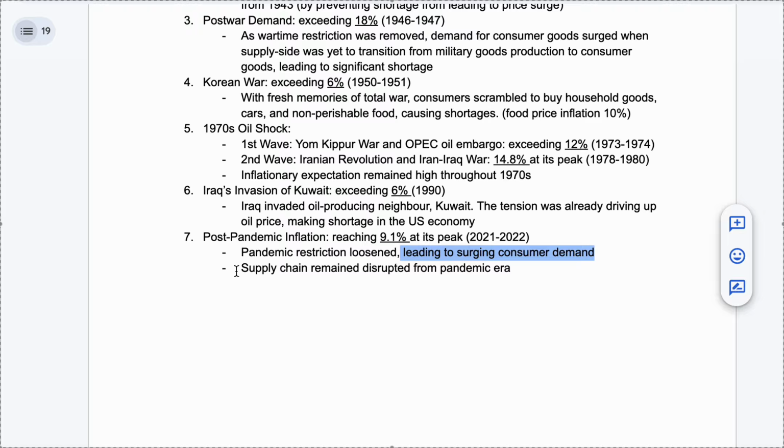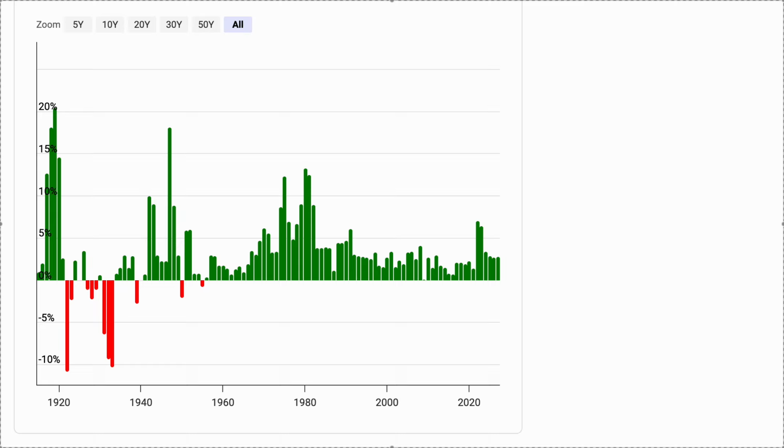When U.S. people ended lockdowns and started buying a lot of things, maybe some factories in the world were still shut down because COVID impact was still large. A lot of people were not vaccinated in some countries. All these things caused the global supply chain to remain disrupted. But aggregate demand in the U.S. economy is surging, and that's a perfect formula for inflation to surge.